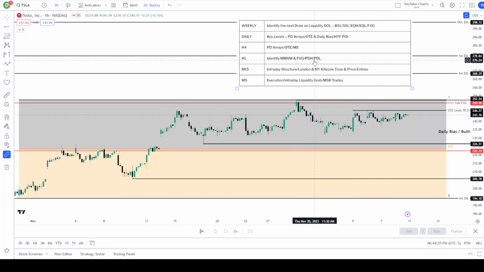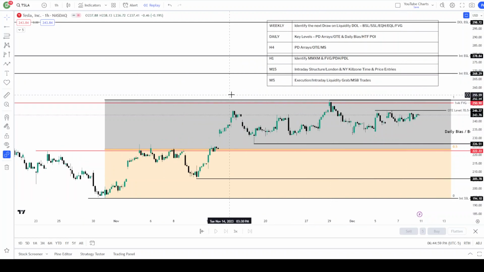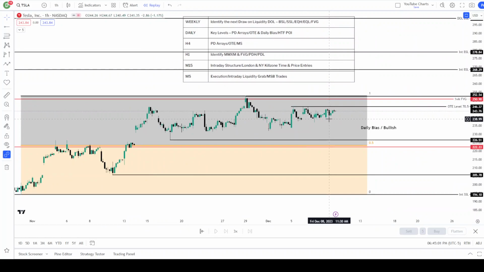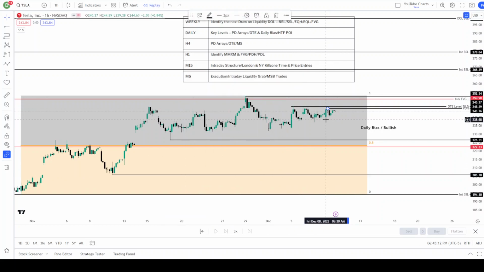Also 1 hour fair value gap, previous day high, previous day low. Our previous day high for Friday would have been in this candle here, so we're going to mark that off right here as previous day high. And Friday's low, let's see, was in this green candle here right on the opening hour.